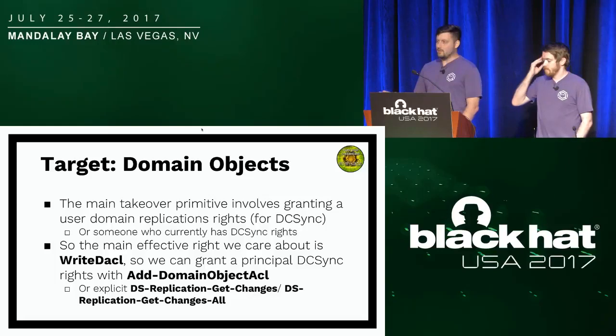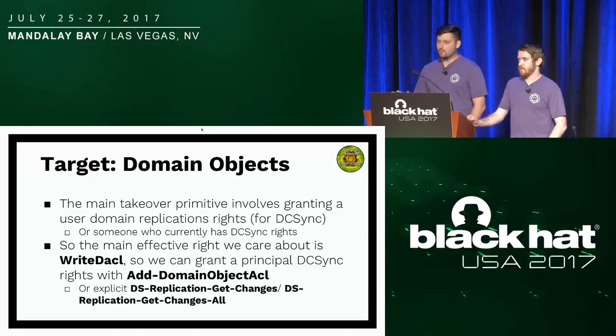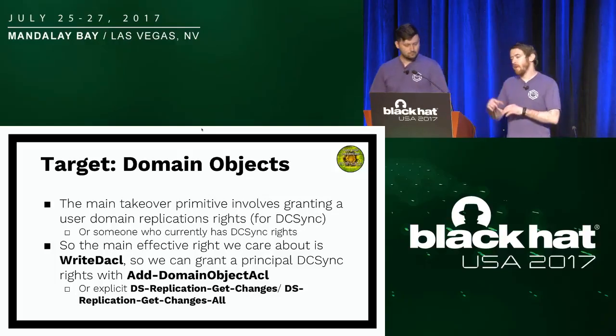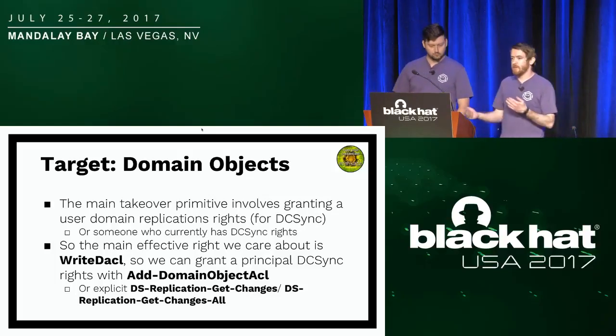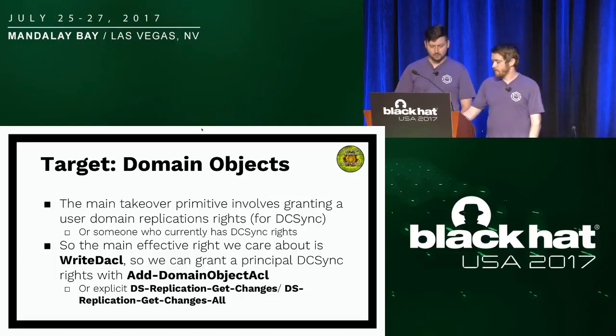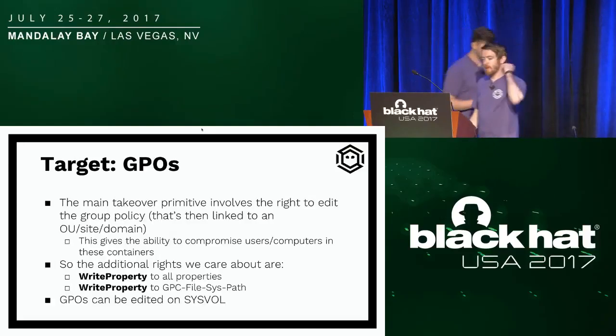Without having local admin on a DC, without being a domain admin, if I have certain privileges on the domain object, I can DCSync, get NT hashes for any user in the environment that I want, including krbtgt, anything. So again, we care about WriteDACL, which would allow us to modify the security information to then grant ourselves those rights. Exactly.